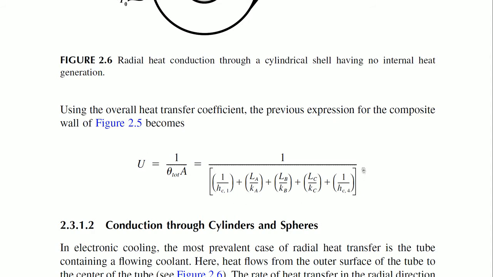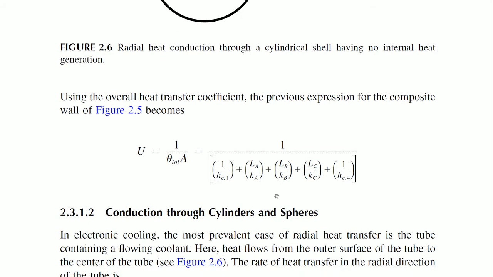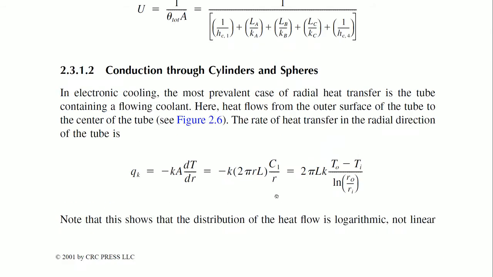Overall heat transfer coefficient in the previous expression is, you have this which I have shown. Notwithstanding all this, it is very much possible, in the case of a radial tube, you see here, you have seen this, no?